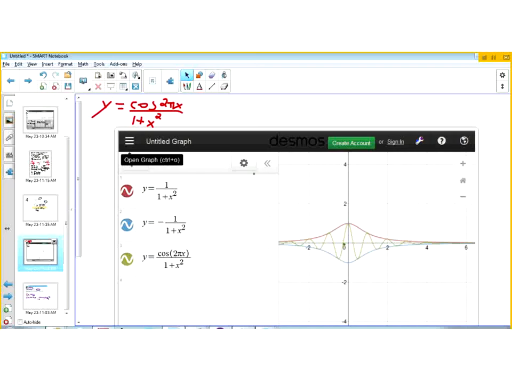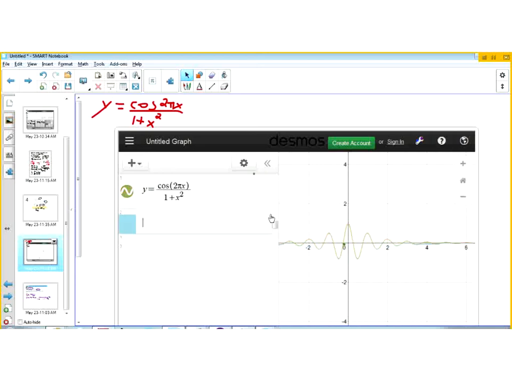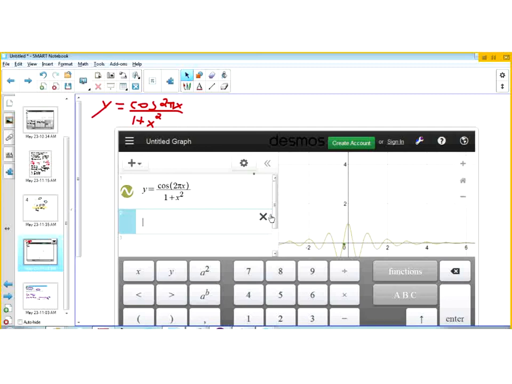Okay, and just as another example, we can do y equals, say, x cosine x. I think this will be the last part of the discussions of the sine and cosine functions. So one more example.